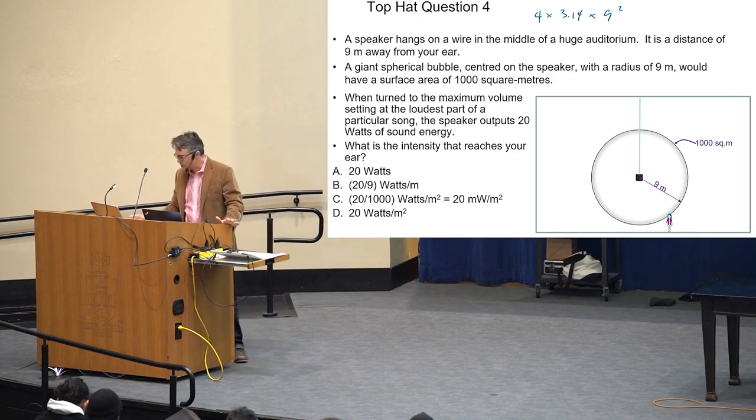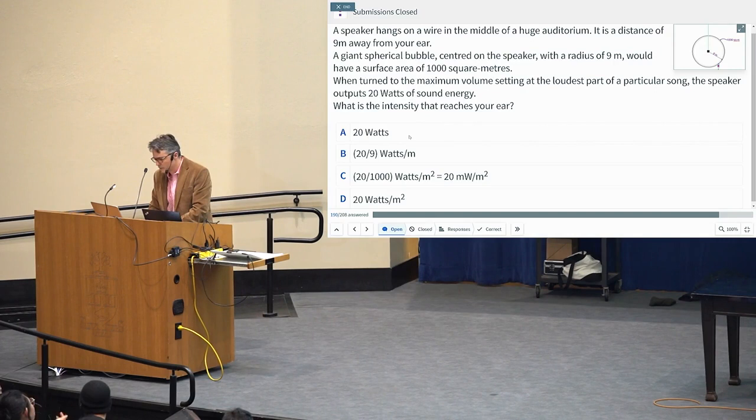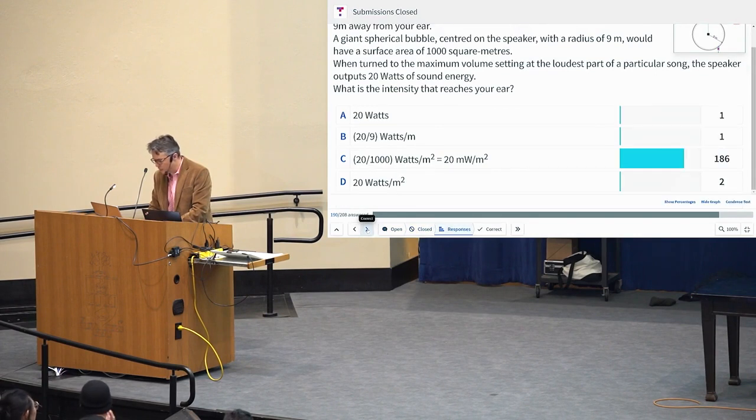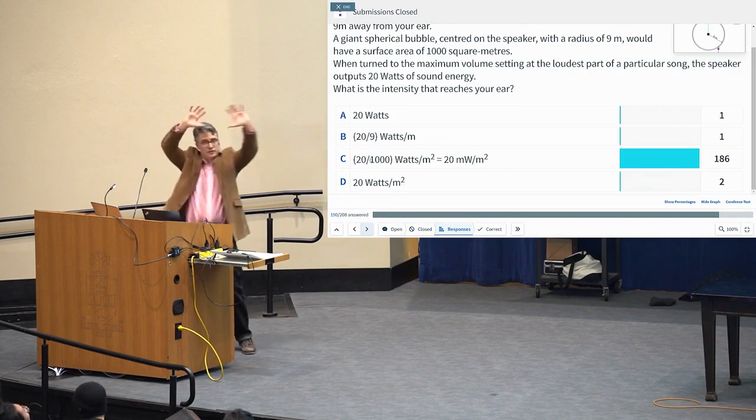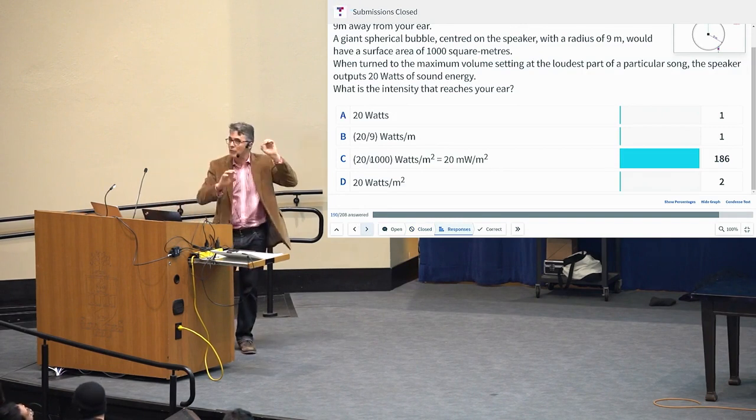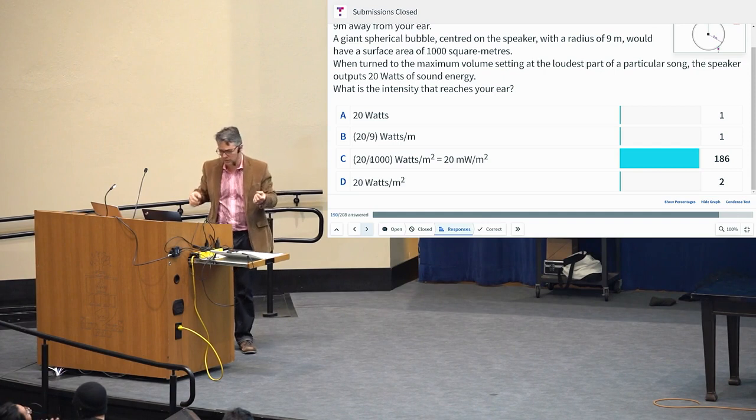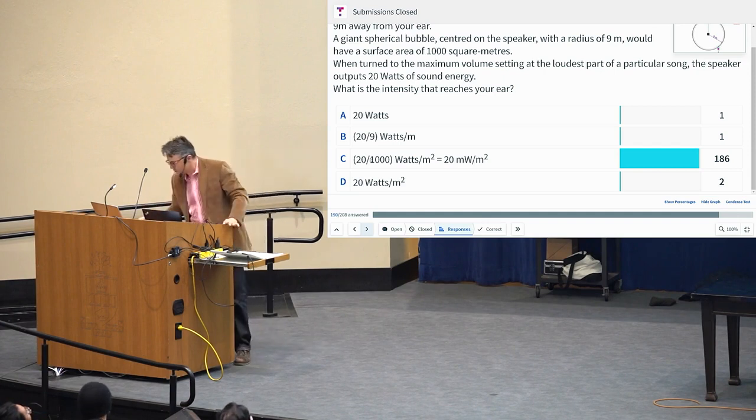So the question is, what's the intensity that reaches your ear? The concept is that intensity is the total power divided by the area it's spread out over. So you take 20 watts and divide it by the surface area of that sphere, and that will be the intensity at your ear. Your ear is a detector of intensity. Higher intensity, louder it sounds. Do you guys get me?